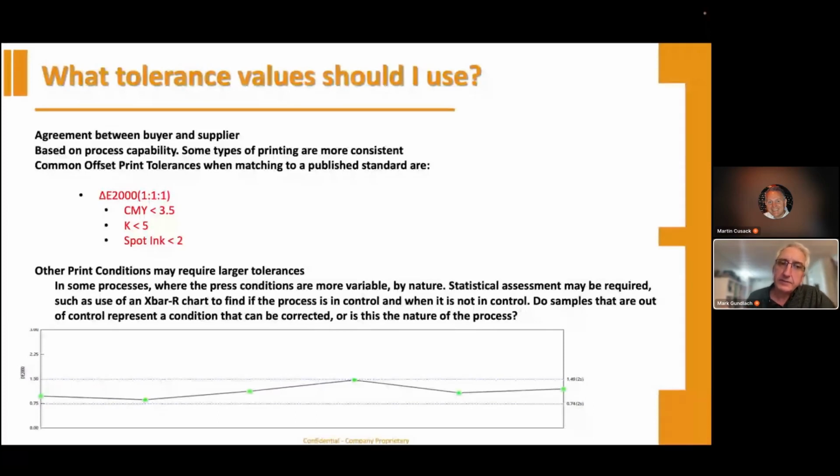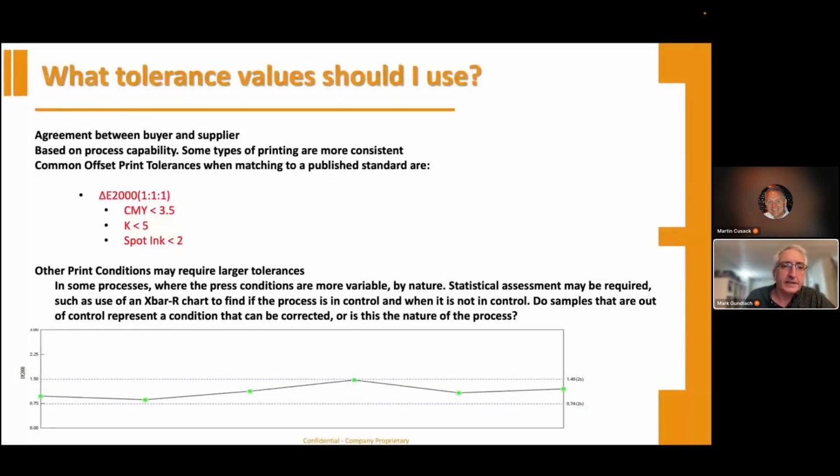Okay, you have to look at your actual print process. So some people actually go through the process of doing a statistical assessment on their process to see how much variation do we have in our print production, and use that as a guidance to determine what tolerance they can actually expect out of that type of production.